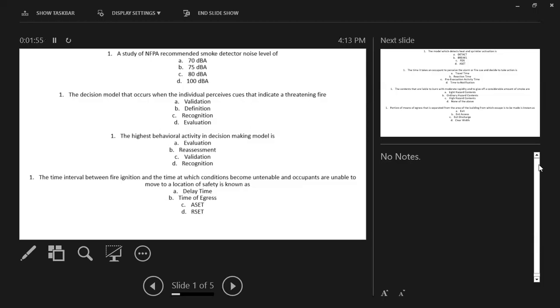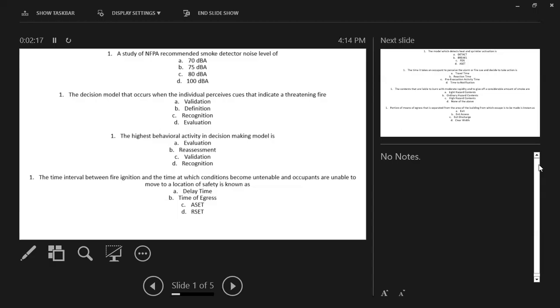Here, there are cues that indicate a threatening fire, that indicate a threat is there. That is recognition, exactly. Next, the highest behavioral activity in the decision-making model.